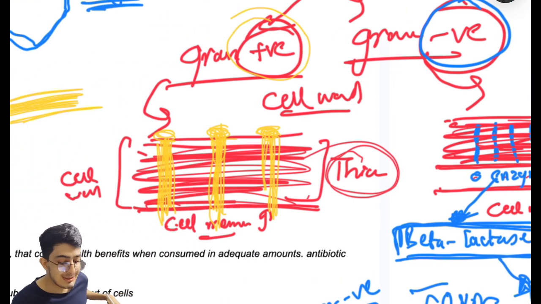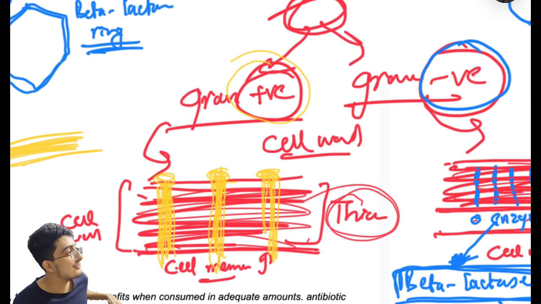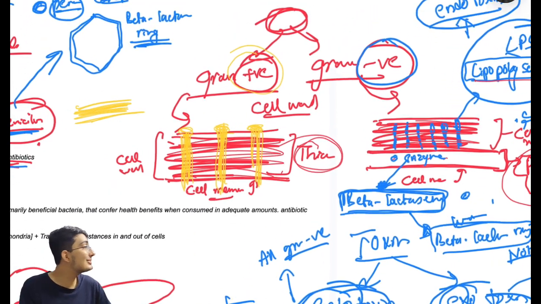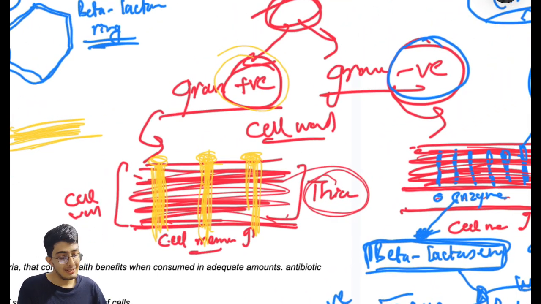Right. So does that mean all gram positive organisms are sensitive to penicillin? Maybe. Why? Because they don't have the periplasmic space and they don't have the beta lactamase enzyme, right? That's a good way of thinking, logically. But the answer is no, not all, because in an ideal world, gram positive organisms should be sensitive to penicillin.